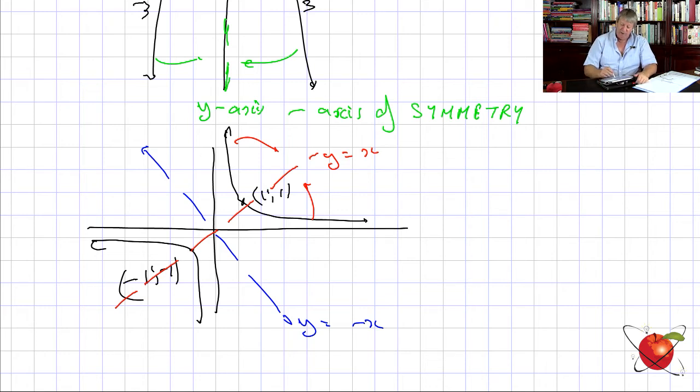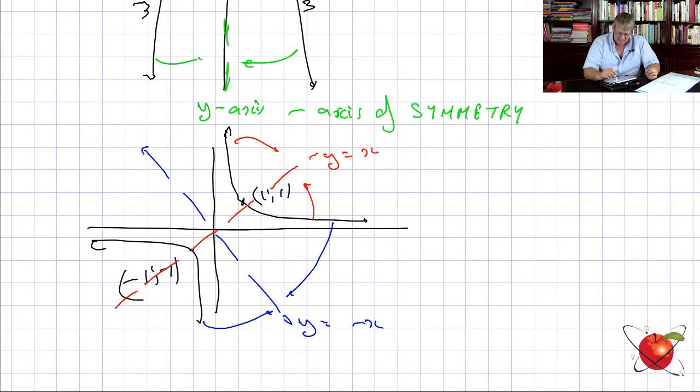But the blue line is also, because what happens is this piece folds onto that piece, okay? Really well worth plotting a simple one very quickly and just folding on those two lines, because then you get the feeling for what's actually happening here.